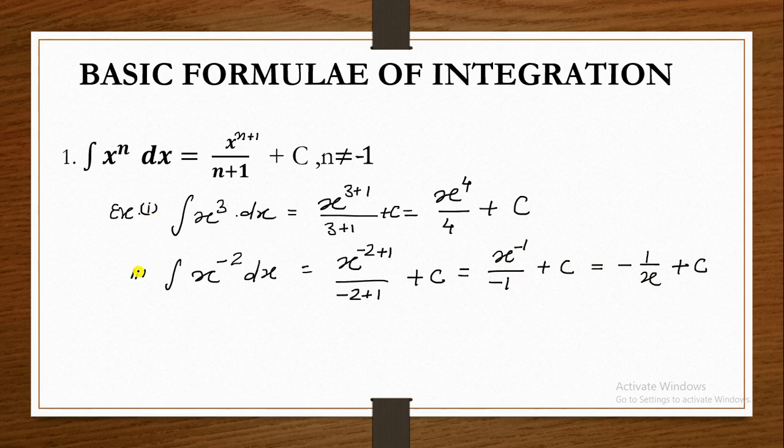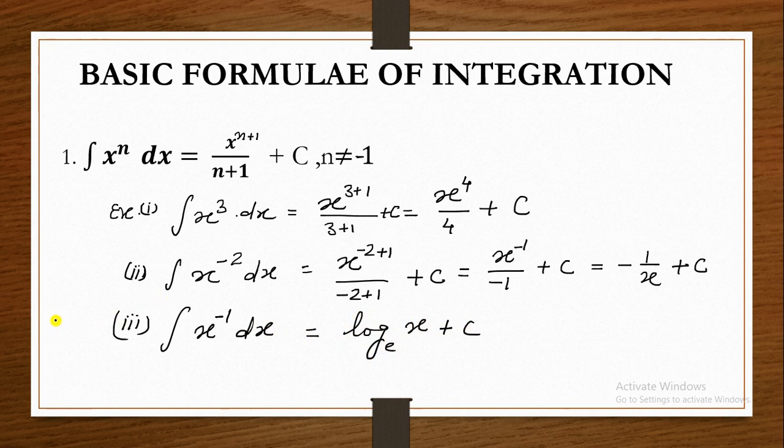Next example, if power of x is minus 1, then answer becomes directly log e base x plus c. Note down this example. So you can easily find out the value of x power n.